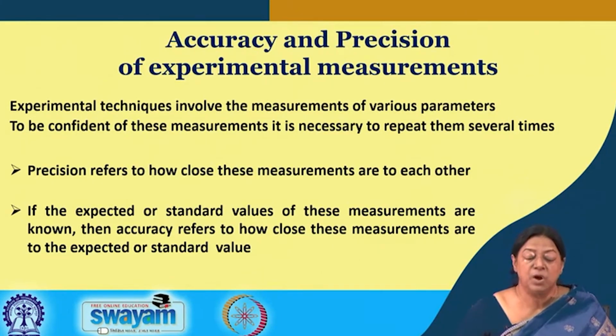Precision refers to how close these measurements are to each other. If the expected or standard values of these measurements are known, then we say that the value is accurate. If I know that I have to measure a volume of 10 ml and I get a volume of 10 ml when I measure this, then I know that I am getting an accurate measurement.